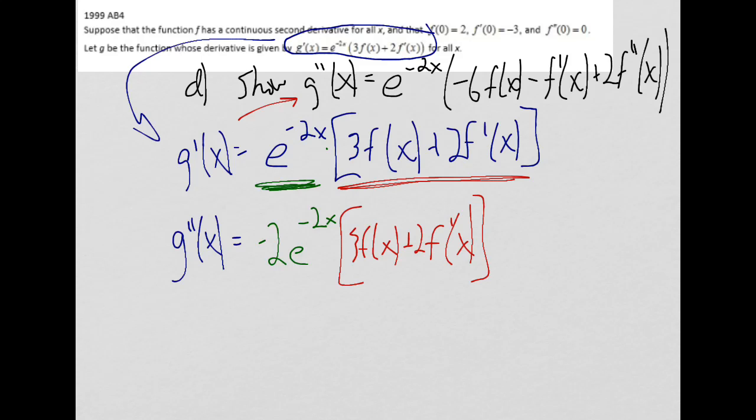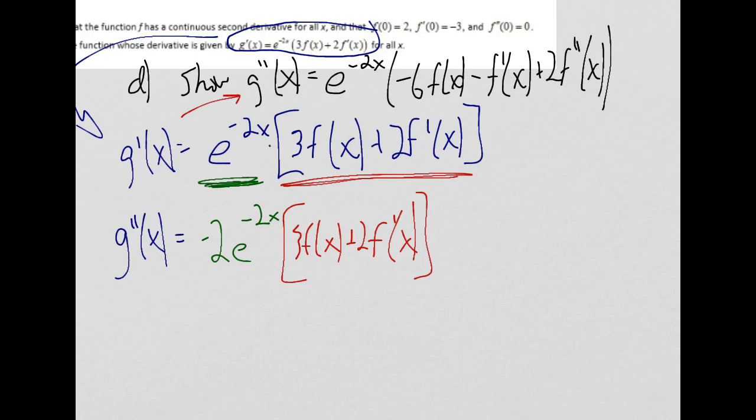And then the second part of product rule is to do derivative of the second times the first. So I'm going to do the red derivative times the green. I'm actually going to write the green just as is at first because I like to have that e to the negative 2x out front. And now I need to do the derivative of the red.